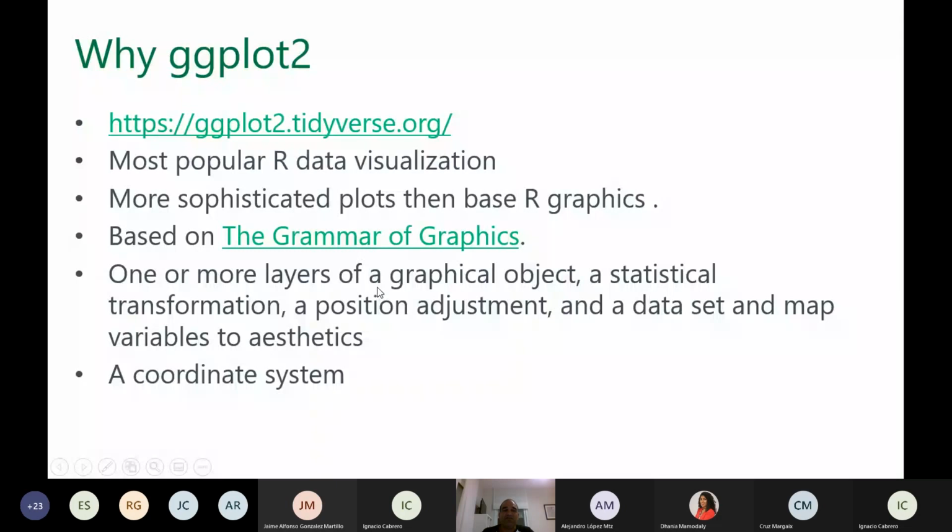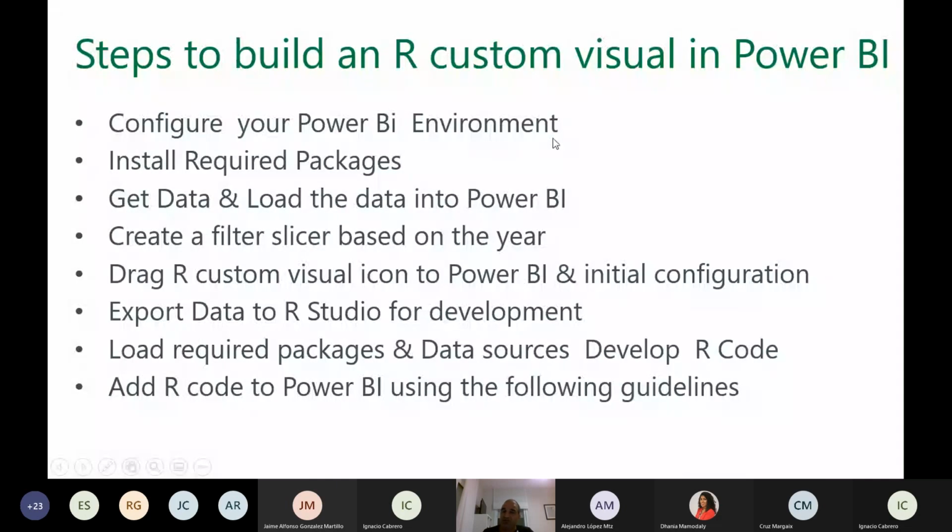What are the steps to build our custom visual in Power BI? We first configure our Power BI environment. We saw that we install RStudio and the R libraries, and we change the default R ID in Power BI Desktop. We install the required packages. We go to Power BI, get the data and load it. Then, after we get the data, we create a filter slicer, in this example based on the year.